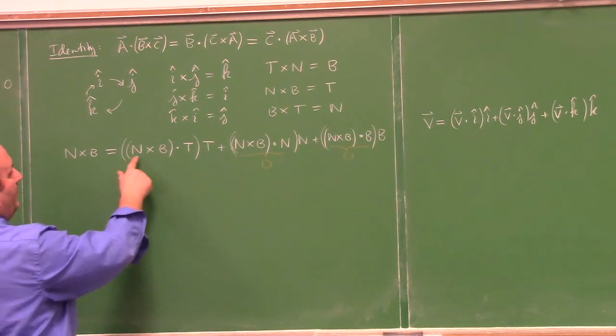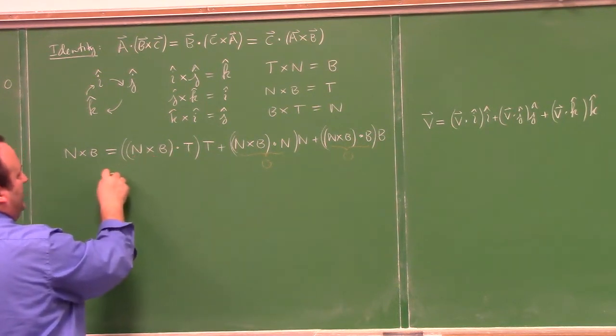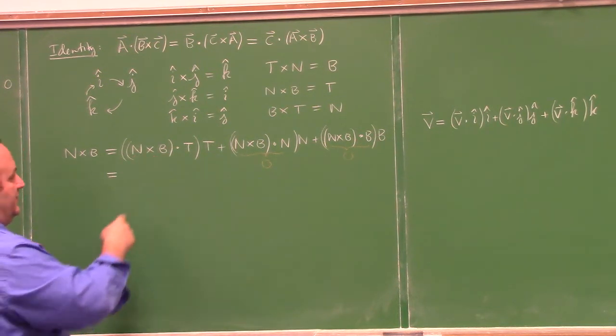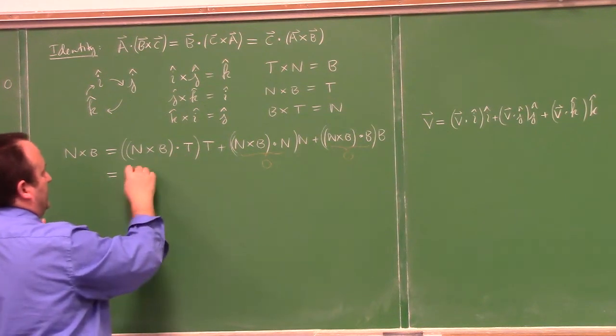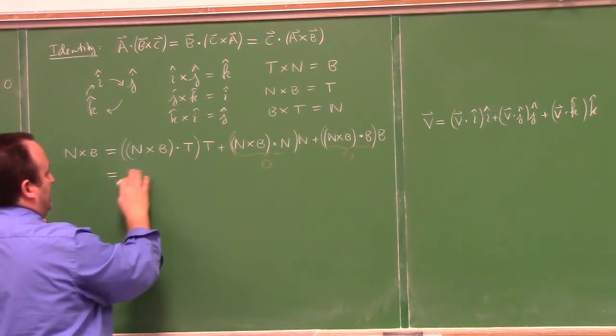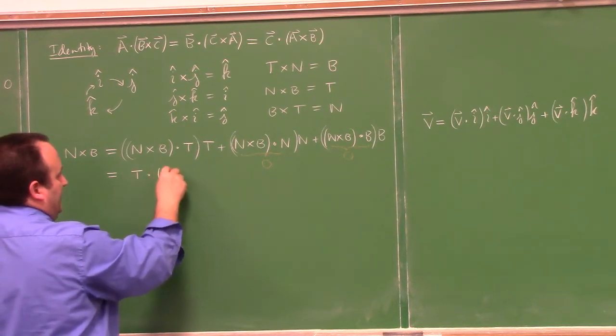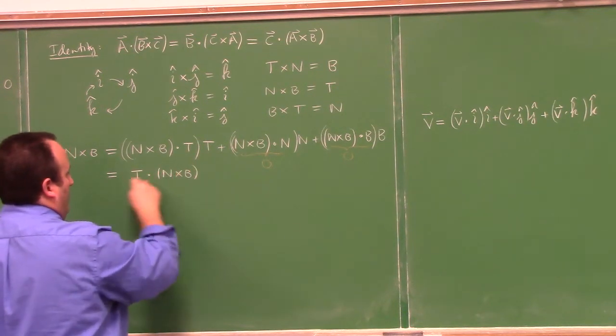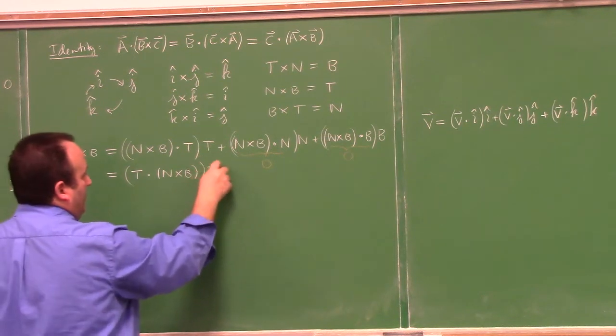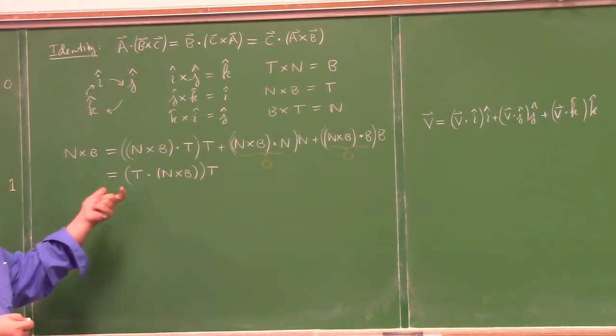So at this point, I'll use the cyclicity. So this is the same as what? This is, first of all, by the commutative property, T dot N cross B, right? Because the dot product's commutative.